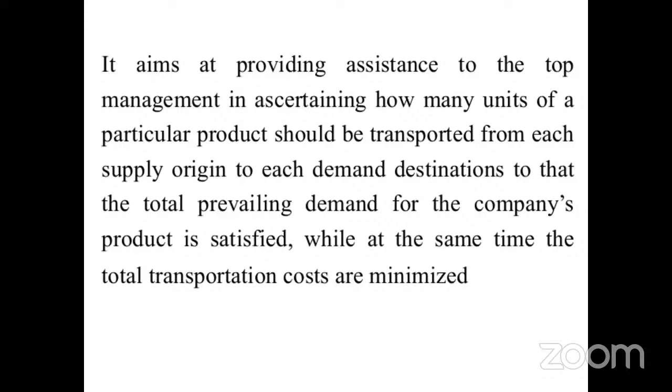So it aims at providing assistance to the top management in ascertaining how many units of a particular product should be transported from each supply origin to each demand destination, so that the total prevailing demand for the company's product is satisfied, while at the same time the total transportation costs are minimized.